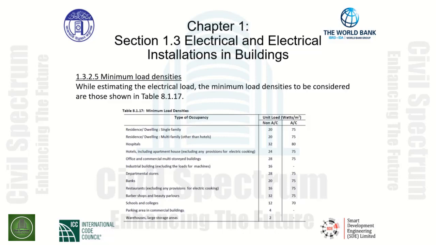The table provides the loads for us to calculate based on the area according to the type of occupancy. As an example, if we take a hospital, non-AC equates to 32 watts per square meter of space. If we include the AC, we are up to 80 watts per square meter for that particular occupancy.